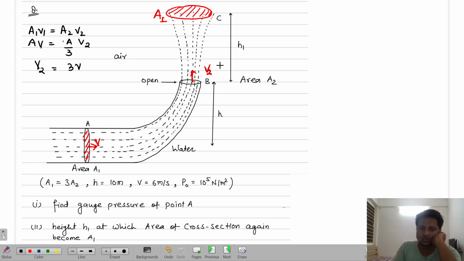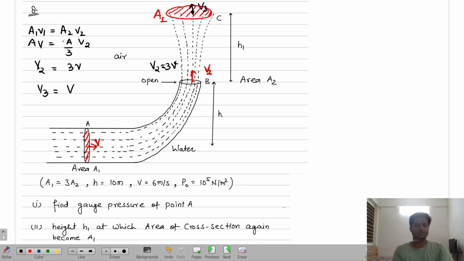Are you able to get me or not? This velocity V2 is thrice of V with which the particles are going. Now let's suppose here my velocity is V3. If it becomes similar to area A1, that velocity V3 must also be equal to the same velocity of the liquid which is present over here, isn't it?